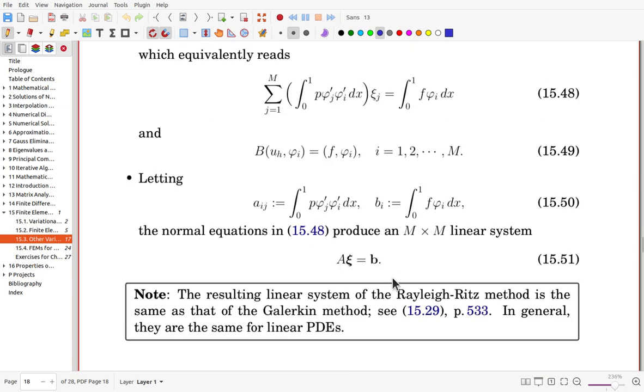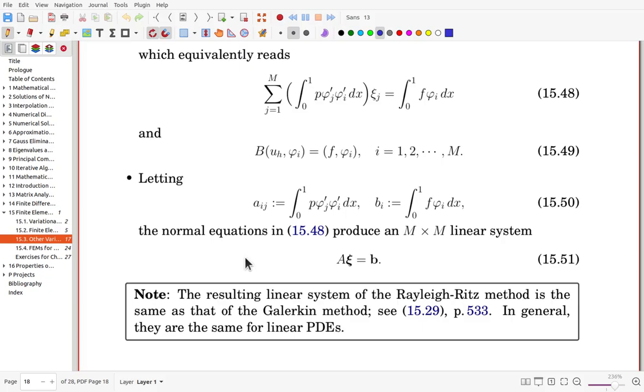Okay, that is the Rayleigh-Ritz method. For this problem, it's the same. Okay, let's see this note. The resulting linear system of the Rayleigh-Ritz method is the same as that of the collocation method. In general, these two methods are the same for linear partial differential equations.